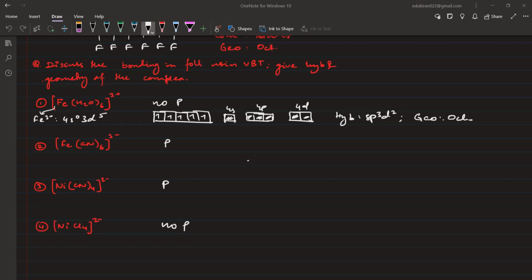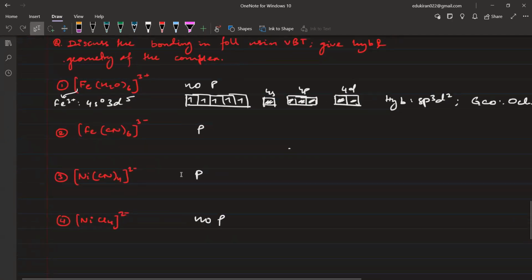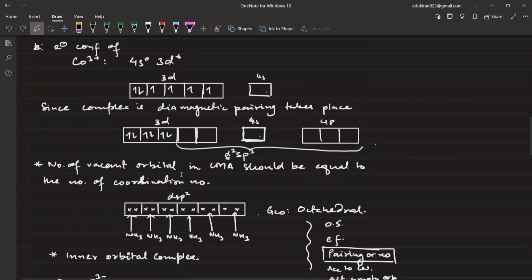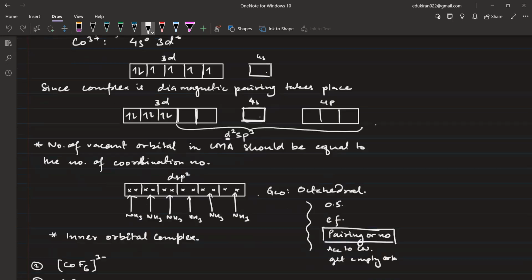That doesn't make sense. Please pair those 5 electrons, Khalid. You also have not written the empty orbitals. Khalid, why are you in a hurry? Please follow all the steps. We have written everything very clearly here, so why are you not writing it? You will say that since pairing takes place, you pair here, and then you show that these are the dsp2, d2sp3, and so on.